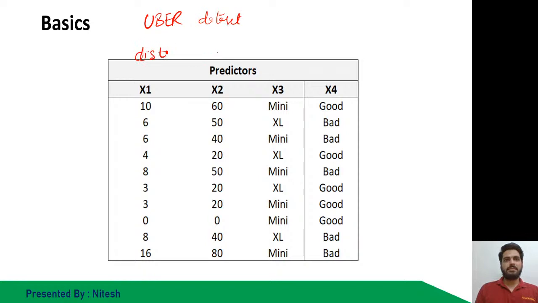This one is cost per kilometer, I guess. Maybe I forgot about this parameter. Maybe some initial cost. Then we have this as time.